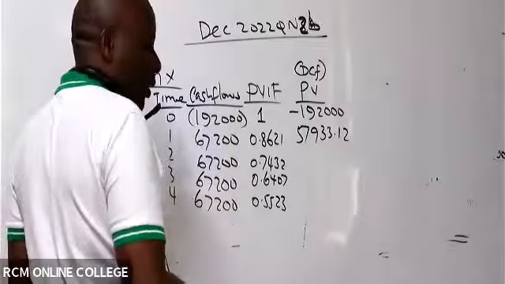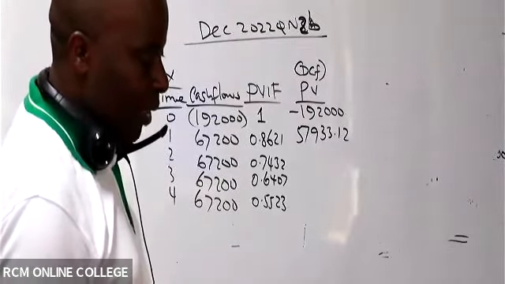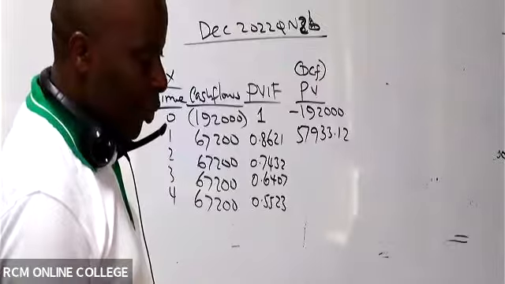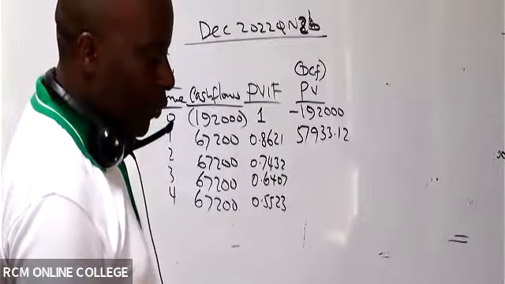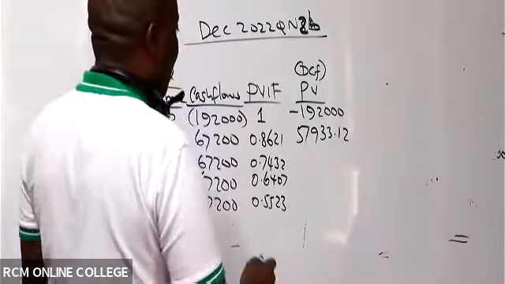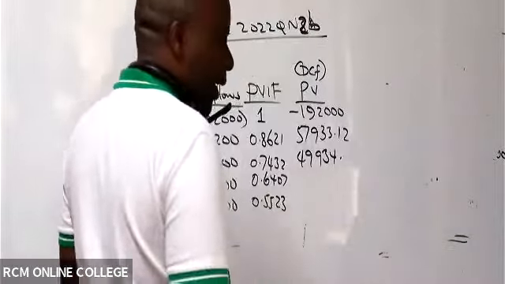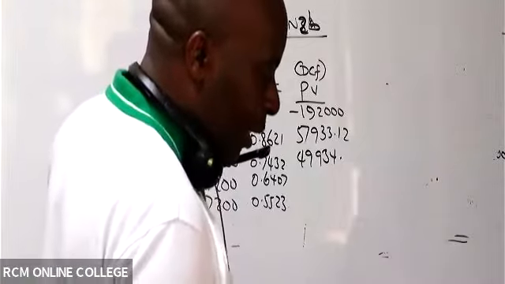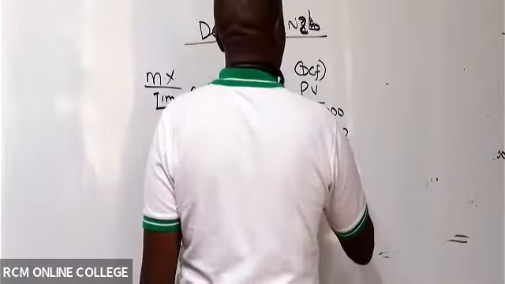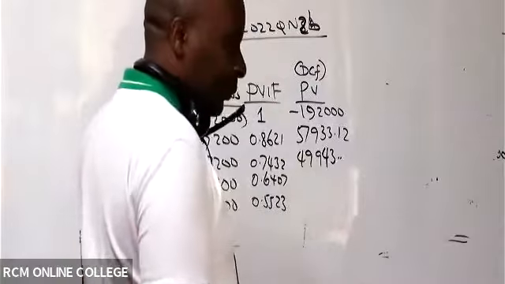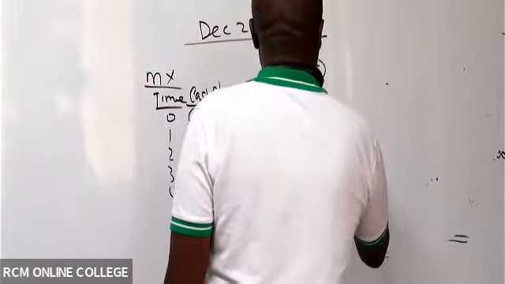Remember, it's the entire life cycle. 67,200 times 0.7432 gives 49,934.943, actually 49,934.94.